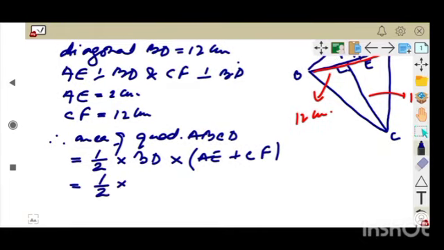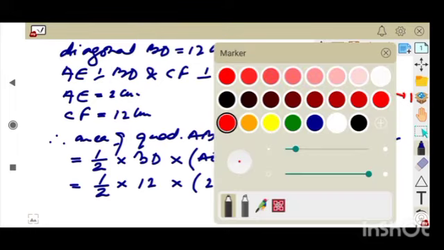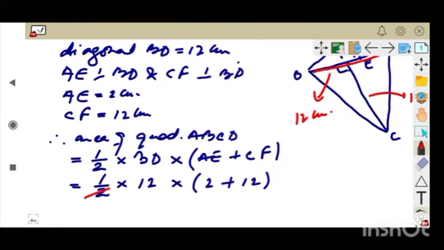Now let's put the values. Equal to 1 by 2 into, what is BD? BD is 12. What is AE? It's 2. What about CF? Again 12. Now we'll cancel here. 2 1 is 2, 2 6 is 12. So now we have 6 into 2 plus 12, it's 14.